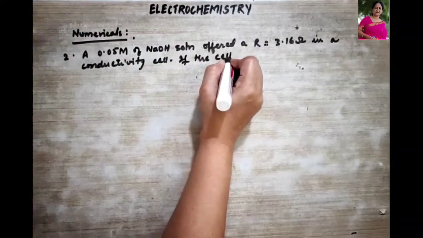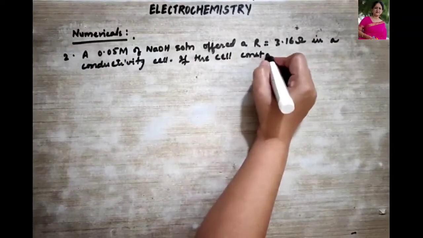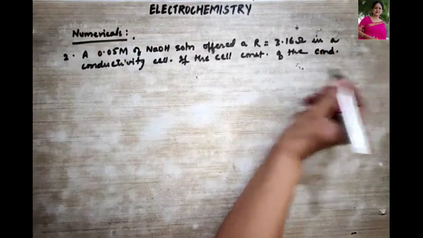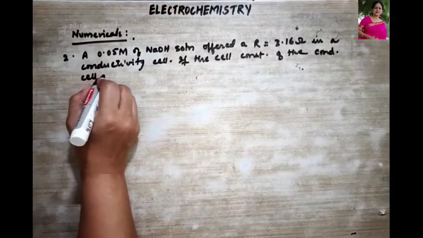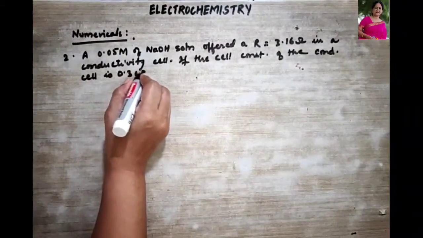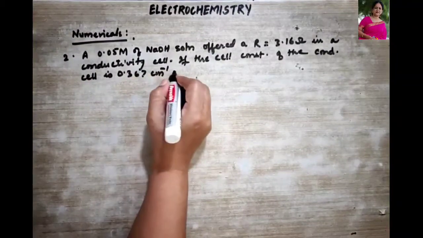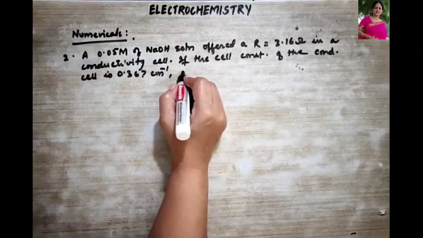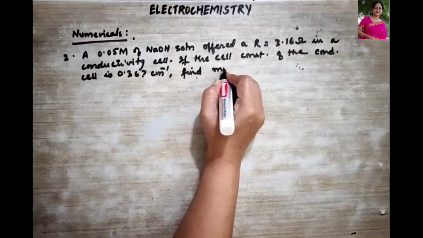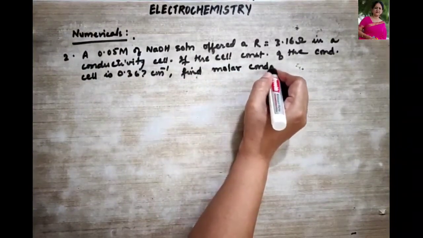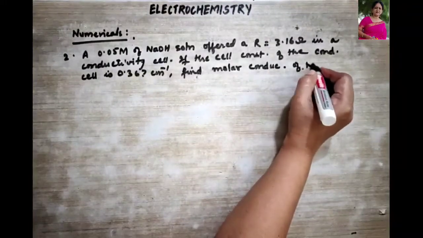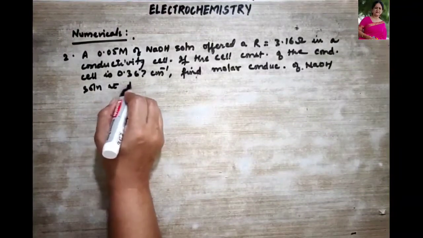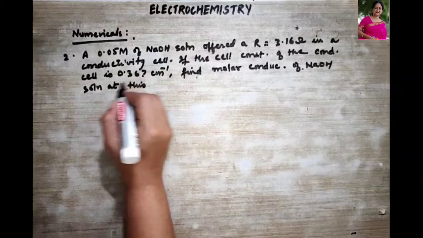If the cell constant of the conductivity cell is 0.367 per centimeter, you have to find out the molar conductivity of sodium hydroxide solution at this concentration.